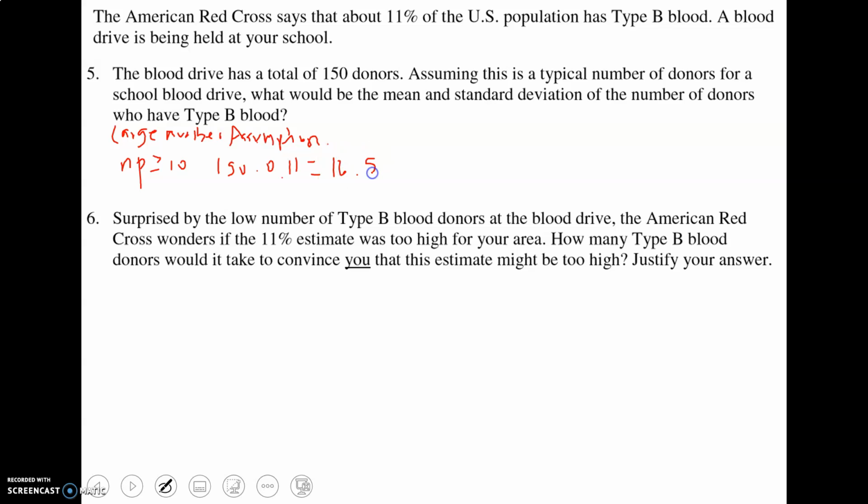So 16.5 is greater than 10, so check. And n(1 minus p) is greater than 10, so 150 times 0.89, which is 133.5. So this is also greater than 10, so check. So the assumption is met.